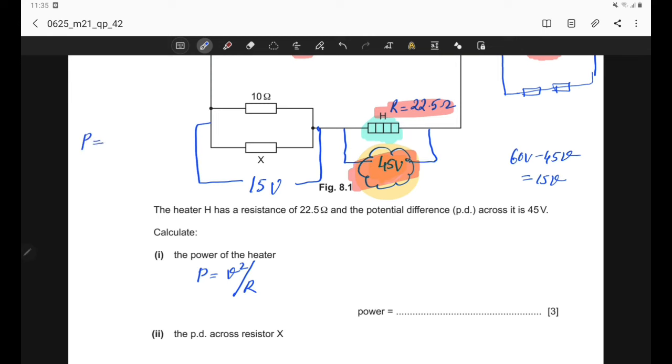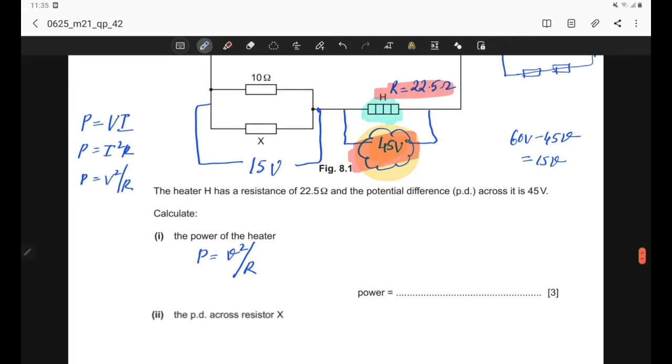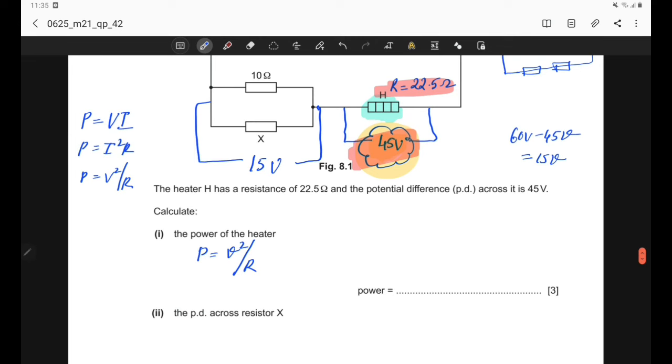Basically we have three important equations for power, that is power is the product of voltage and current, power is equal to I square R, power is equal to V square over R. You can use any of the equations. As we don't have current, the easiest way is V square over R, where V is 45 square over R is 22.5. So the answer is 90. The unit of power is watt, so 90 watt.